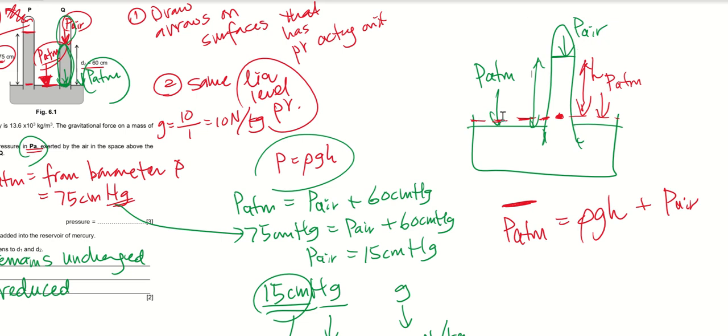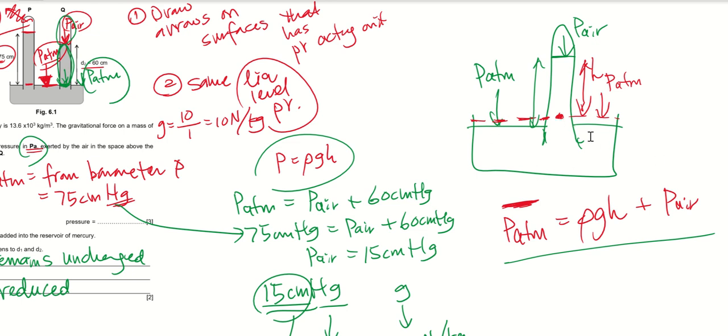But now if I add more mercury into the reservoir, this formula still stays. PATM equals rho g h plus P air. It depends on the height of the mercury plus the pressure of air inside this part. But PATM remains the same. You cannot change PATM unless you go to another place. All we did here was increase the height of the mercury level, with more mercury in this reservoir.